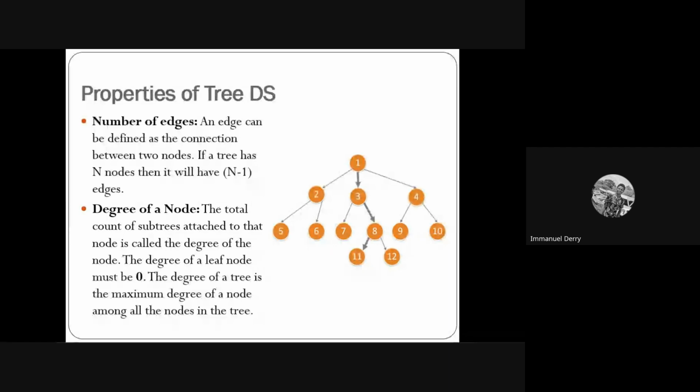So let's take this particular node here. How many subtrees can we get from this node, or how many subtrees are attached to this particular node 2?